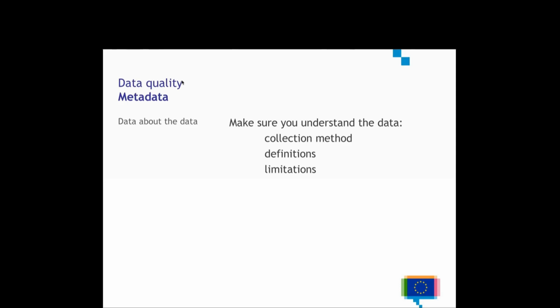If you talk about things like unemployment rates, then you need to know that many different organizations use different definitions of what an unemployment rate is. Make sure that you understand really well the definitions that are used in the data set. And many metadata also describe limitations of the data, and they will state something like, well, this data set is not really comparable to the previous data set because there was a change in methodology or some things. So check the limitations also in the metadata.